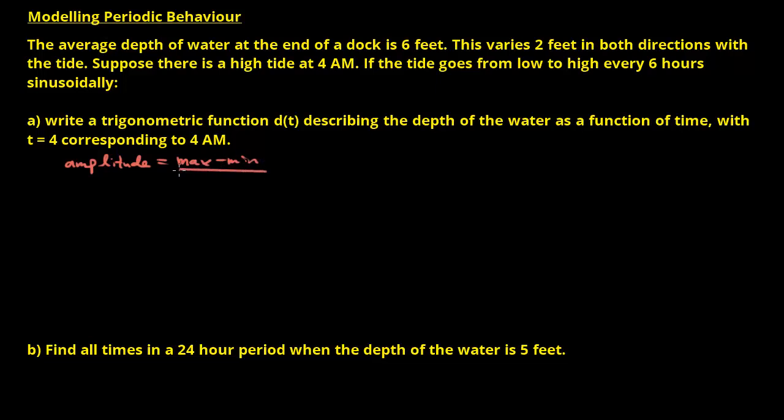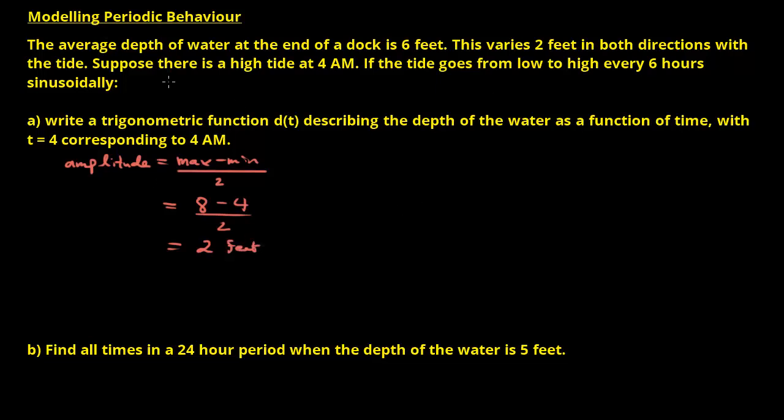The maximum depth is going to be 8 feet, because the average depth is 6 feet and we're going up 2 feet from 6 feet. The minimum depth is going to be 4 feet. So we've got 8 minus 4 over 2, which, no surprise, is 2 feet.